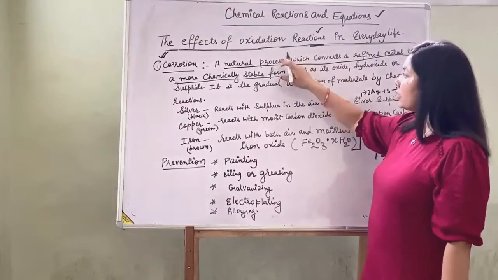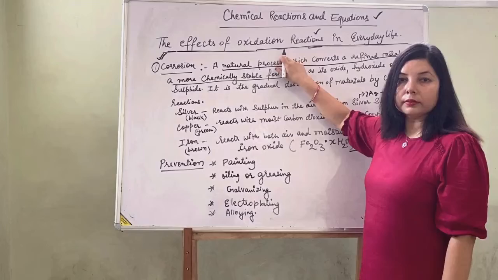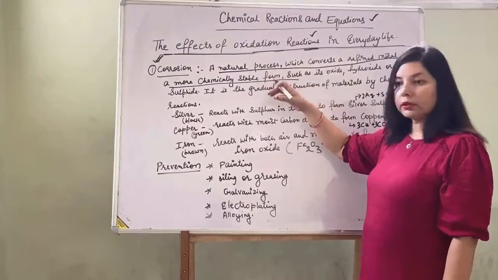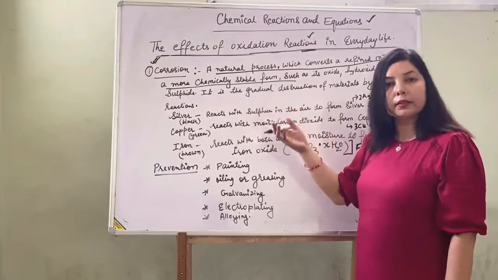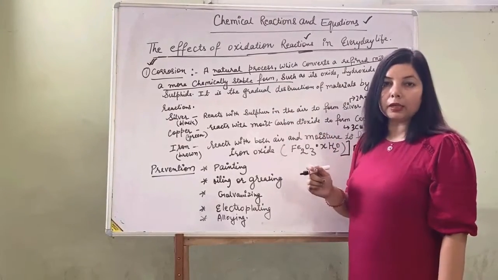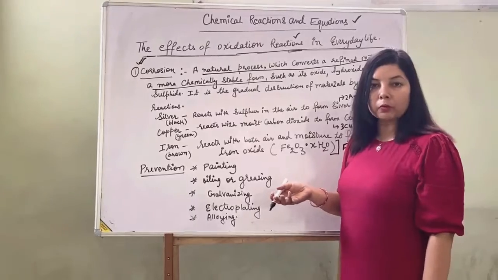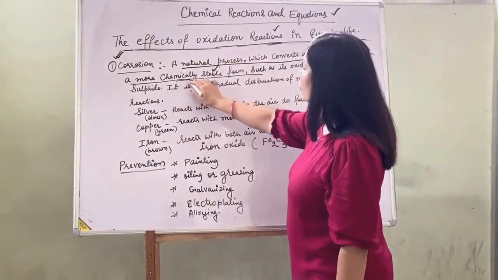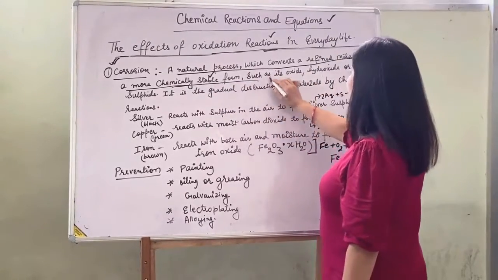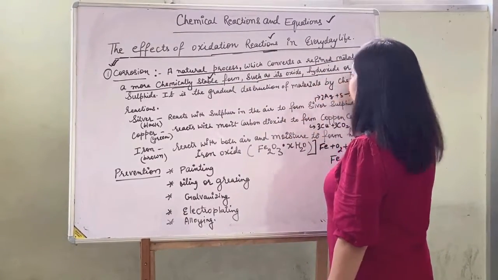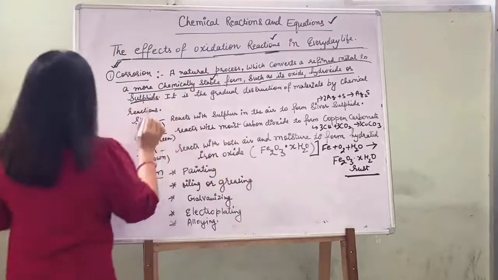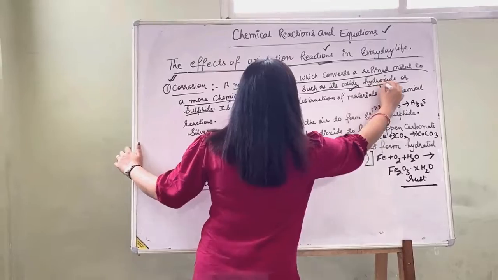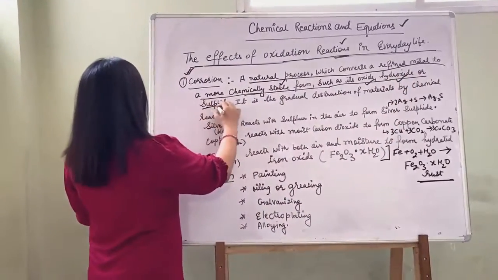Chemically stable form means if any metal like iron, silver, copper gets added with oxygen, carbon dioxide or any other gas present in the atmosphere to form their compounds, then they are very stable. So we say that they are in a more chemically stable form, such as its oxide, hydroxide or sulfide. So they change into their oxides, hydroxides or sulfide form.